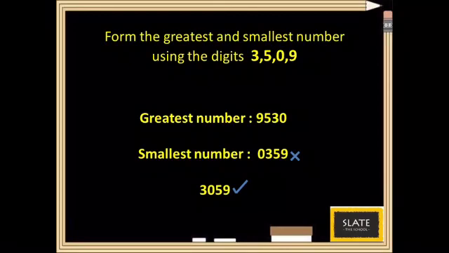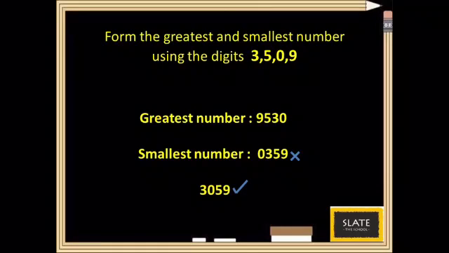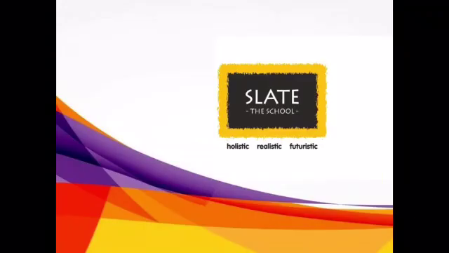Slaters, we already learnt in class 3 that no number starts with 0. So, after 0, what is the least digit that we need to place first? Then after it, we should write 0. This happens only when 0 is given in the digits. Hope you all understood the rounding off and forming of numbers concepts clearly.